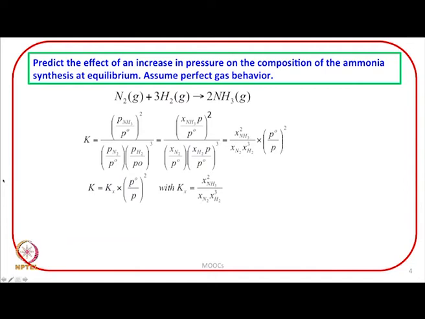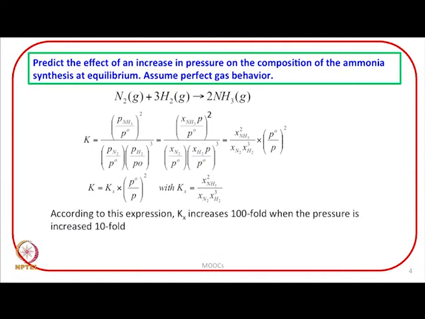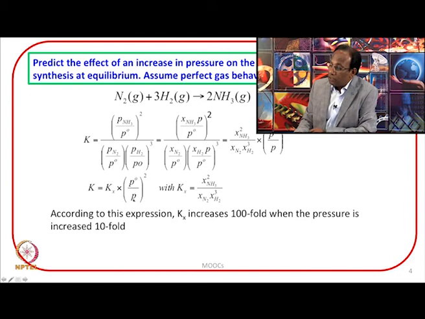Now if we look at the slide, according to this equation, if I increase the pressure 10 times, since Kx does not depend on pressure, Kx is a constant at a given temperature, P will go on the other side and it goes as a square.